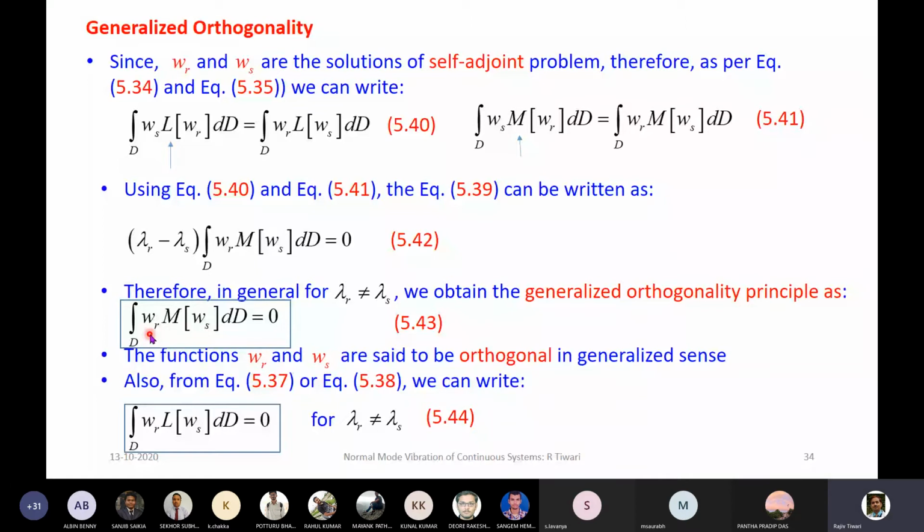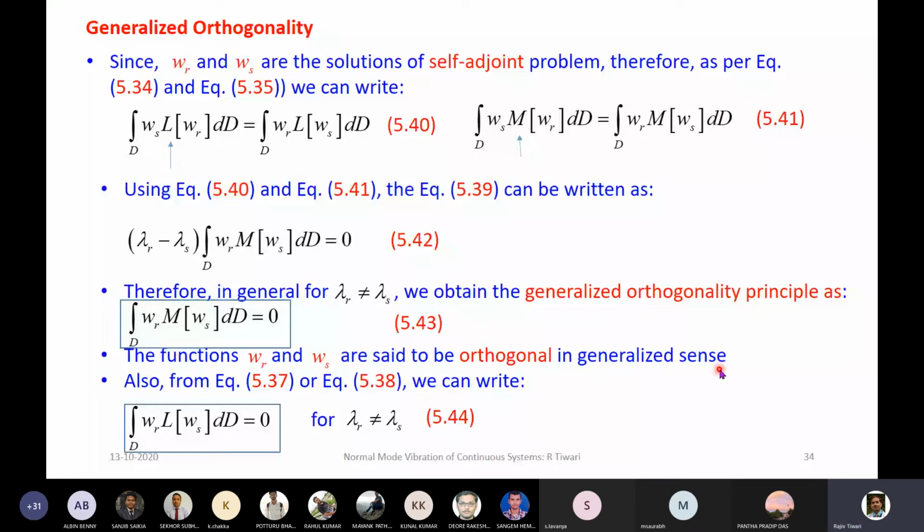So WR, M operator applied to WS, integrated over the domain is equal to zero because they are two different eigenfunctions. So they are orthogonal to each other. So we are able to say that WR and WS are orthogonal in the generalized sense.